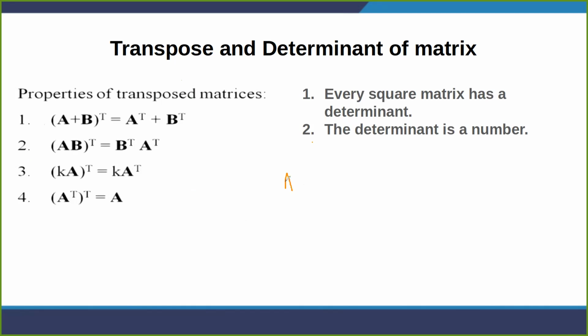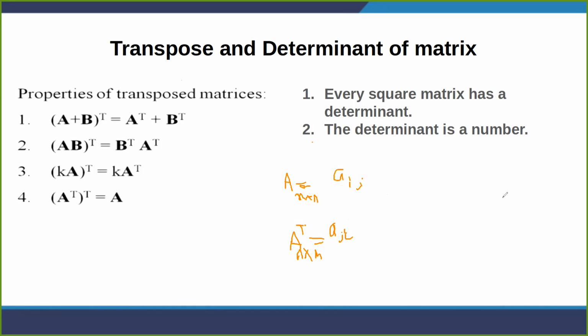A of M cross N is what we have studied, where A is a(i,j) for i equals 1, 2, 3 up to M and j equals 1, 2, 3 up to N. Then transpose is basically a(j,i). You just have to substitute the rows into columns and columns into rows. So this goes like N cross M.